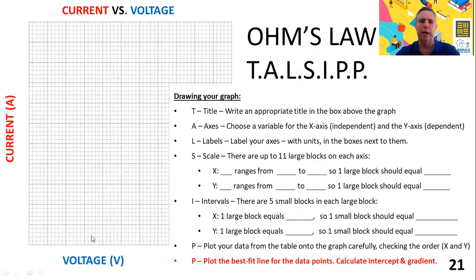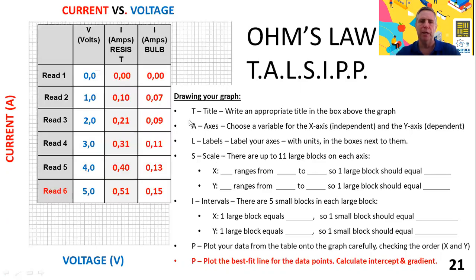Current on the y-axis, voltage on the x-axis. Now, this causes some confusion. Let's clear it up. Scale. There are 11 large blocks on each axis. So we need the data again so we can have a look at it. Let's start with the x-axis for voltage. Voltage ranges from 0, that's the lowest reading, to 5, which is the highest reading.